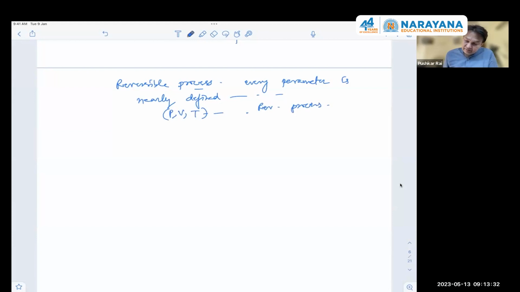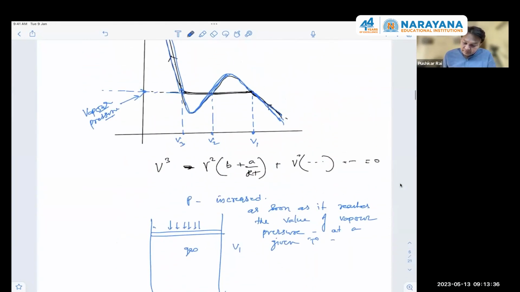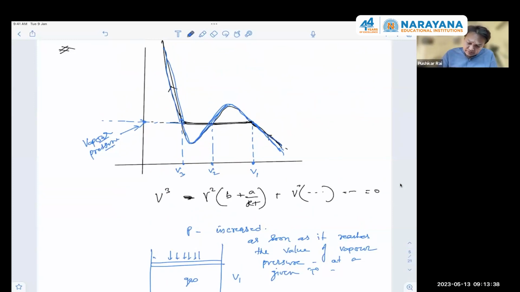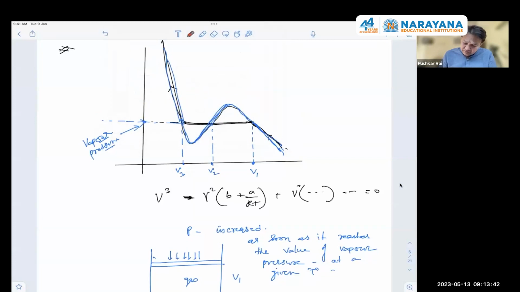So I really want to know, if this is a reversible process, then you're coming straight to the point. Maxwell, same Maxwell you know about, who gave electromagnetic theory, has given an idea that the area of this portion will always be equal to the area of this portion. That is called Maxwell's construction.